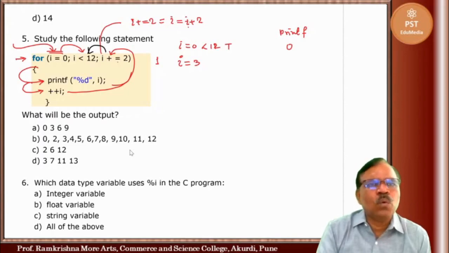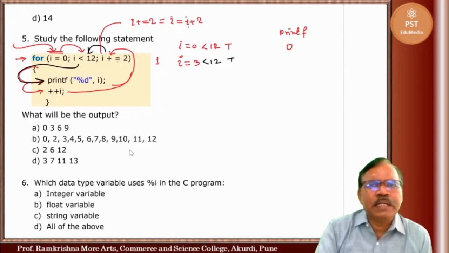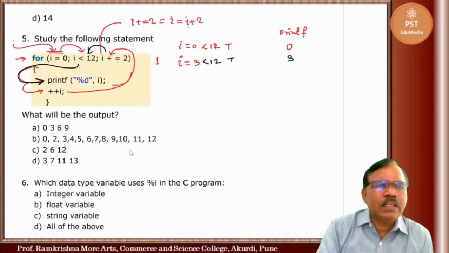The condition is true, so it goes inside and prints i. It is less than 12, true, so it prints 3. Then it goes here. What is i? i becomes 4. With that 4, it goes to expression 3.